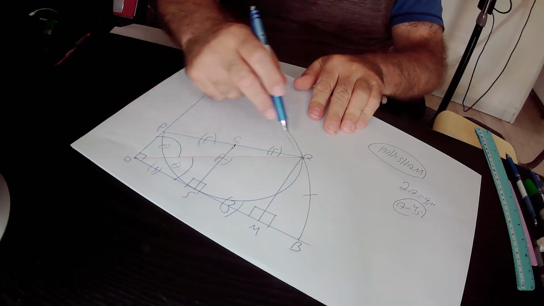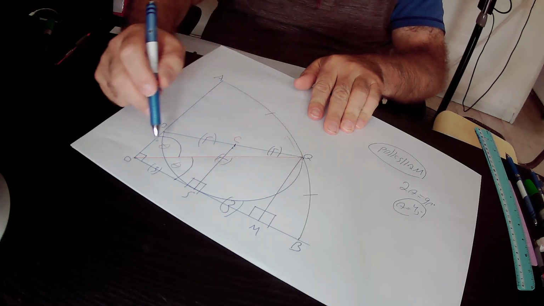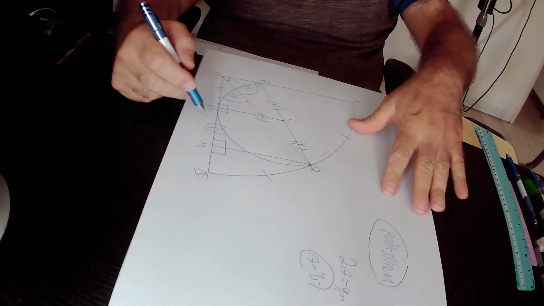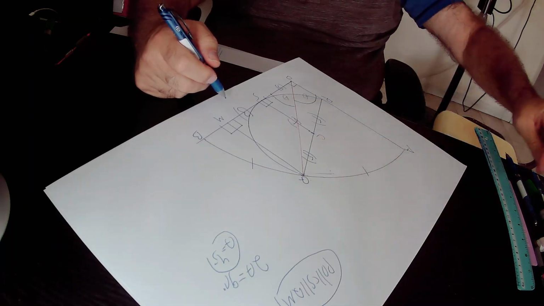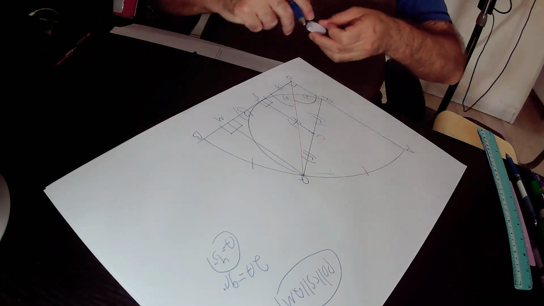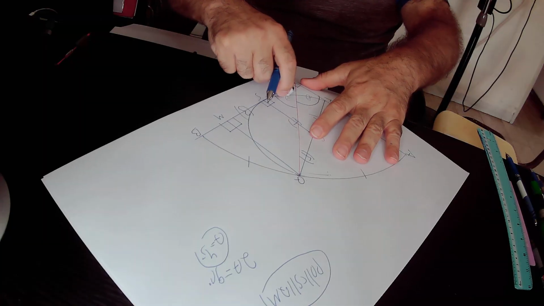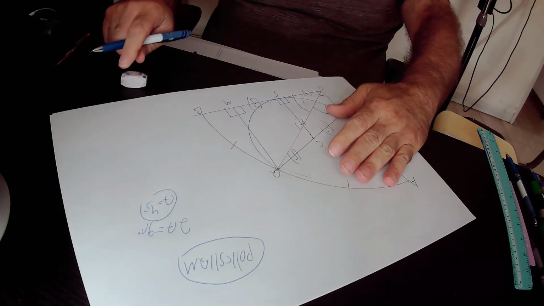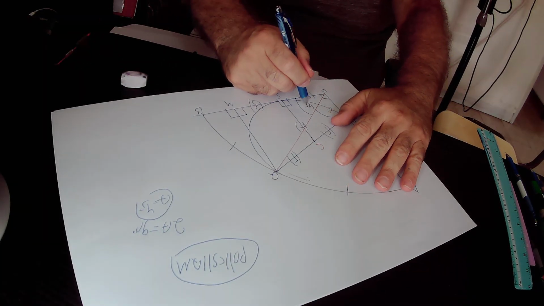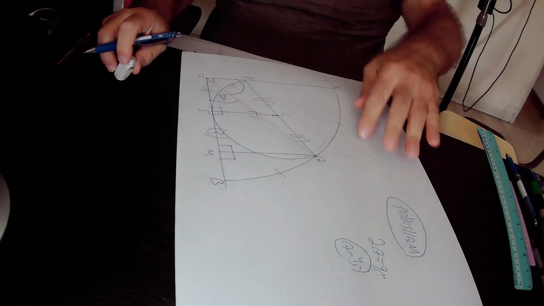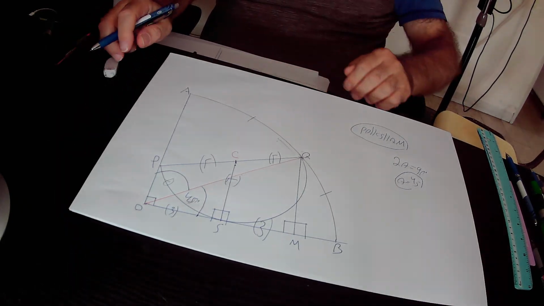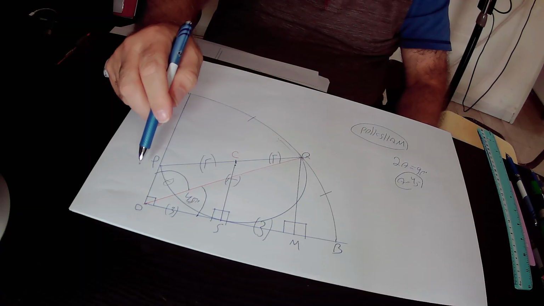This is angle QOB that equals theta, and theta equals 45 degrees. The next step we'll focus on this right triangle QOM.